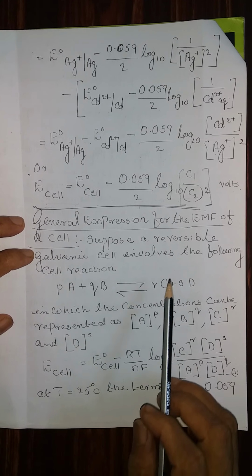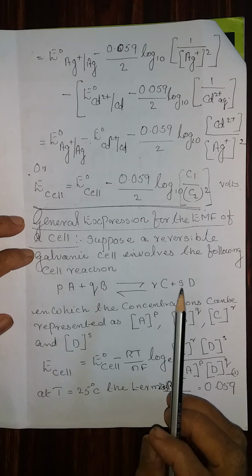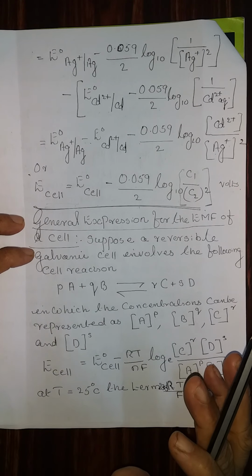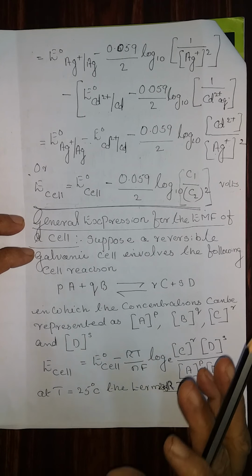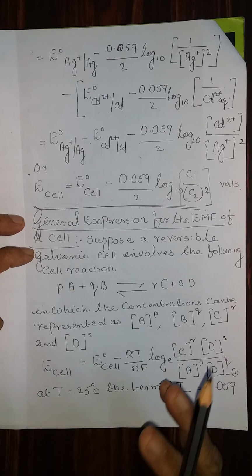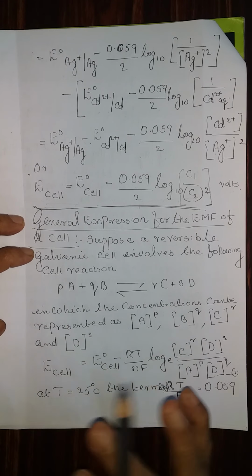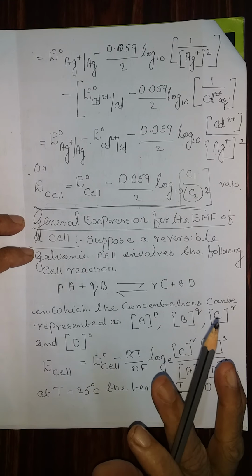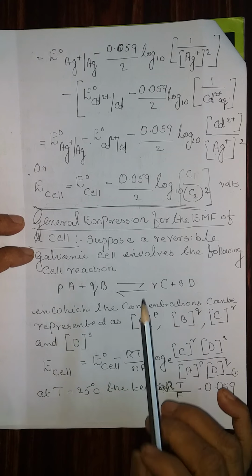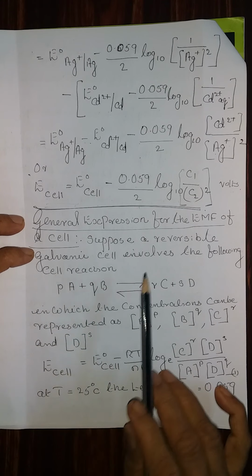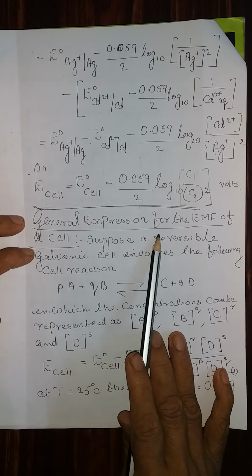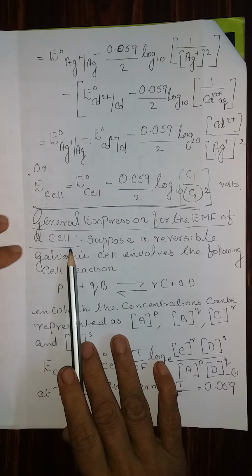If you do the assignment well and get the correct answer, it means you understood what the Nernst equation is and what its application is. For the ISC examination, 5 marks questions are given from this Nernst equation as an application level question. General expression for the EMF of the cell.